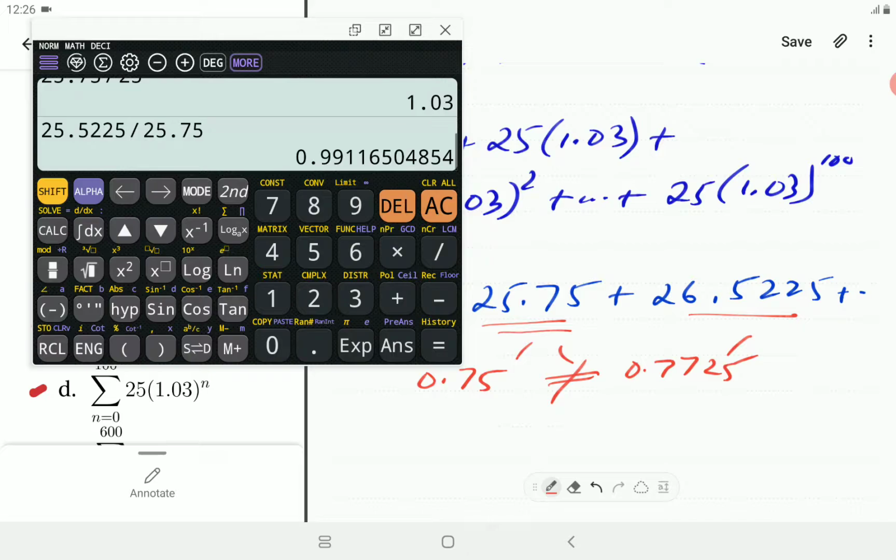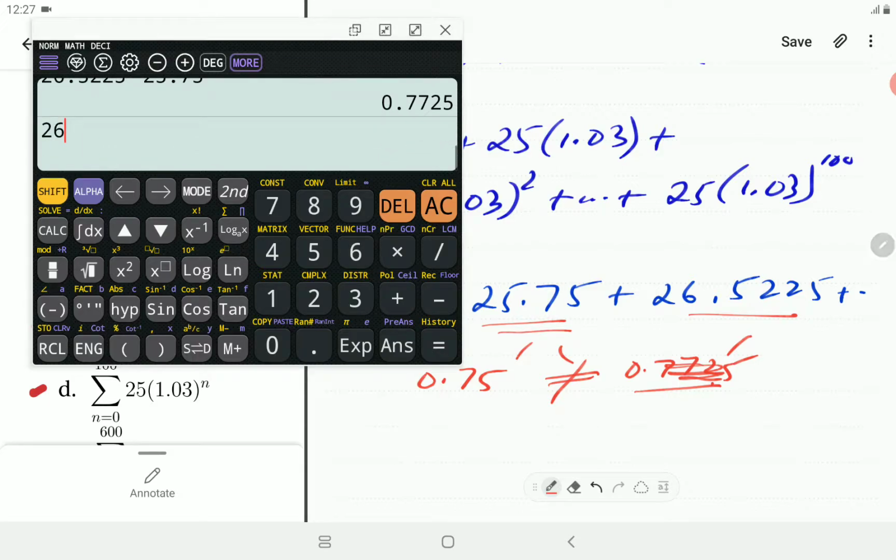Sorry, it's actually 26. Yeah, just one moment. It's actually 26. So this one is terribly wrong. So let's just do that one again. It won't change anything. 26.5225 minus 25.75. Oh yeah, it's correct. It's correct actually. Okay, so now let's do the quotient.